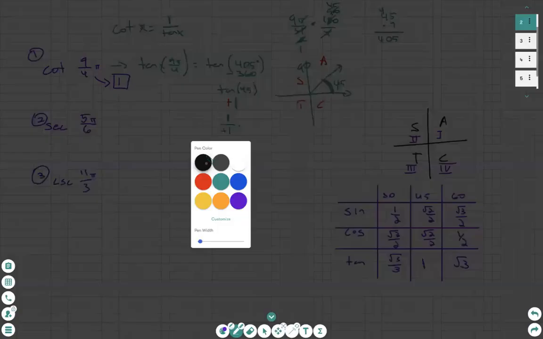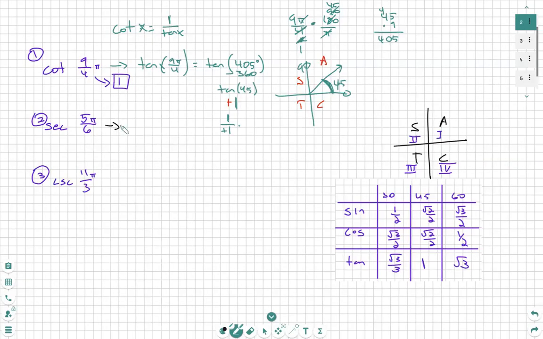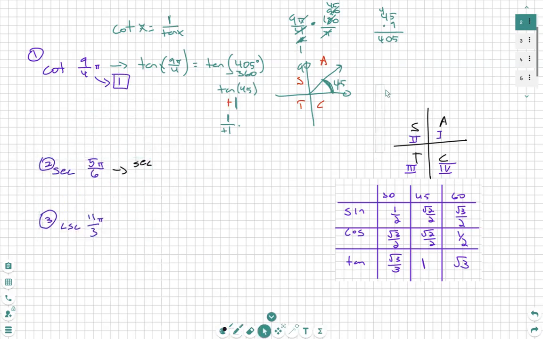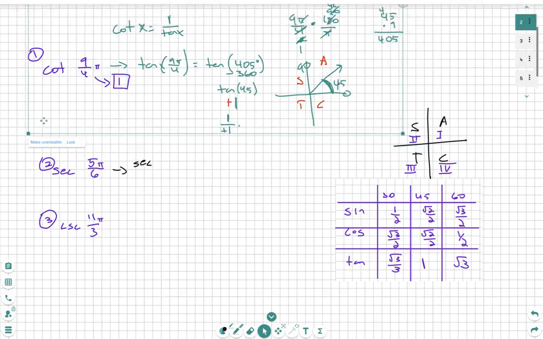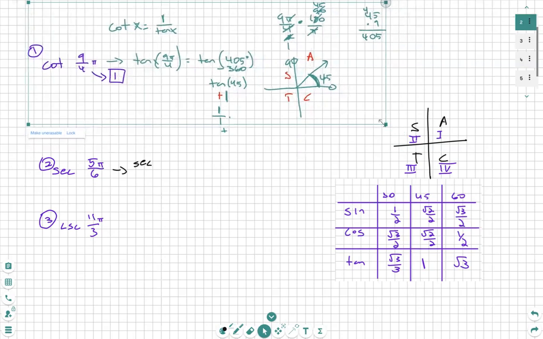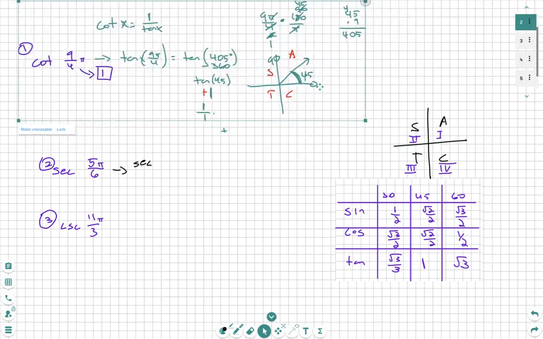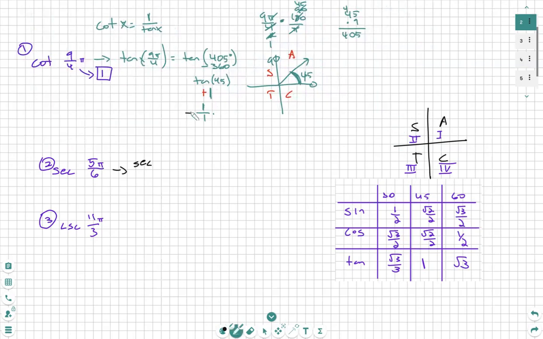Next problem. First, we apply: secant is the reciprocal of cosine. Let me clean up a little bit. Okay, so secant is the reciprocal of cosine, which I didn't write.